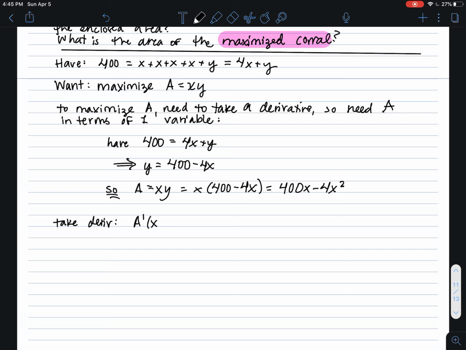We have A prime of x is equal to 400 minus 8x. And we're going to set that equal to 0 and solve for x. So we have 400 minus 8x is equal to 0 when x is equal to 50.